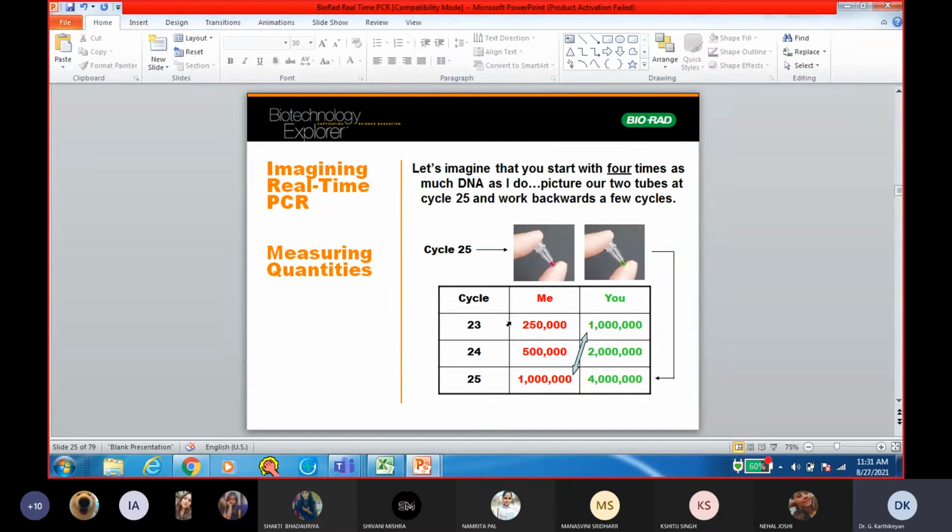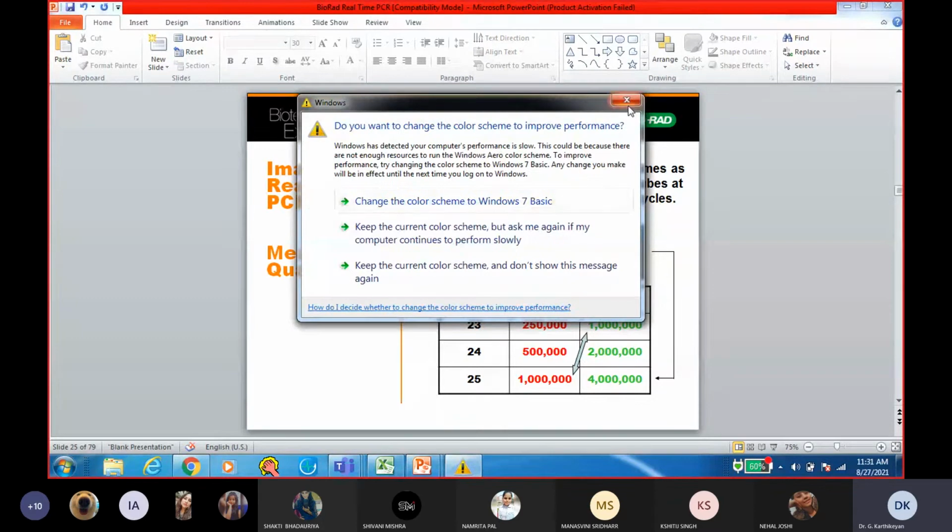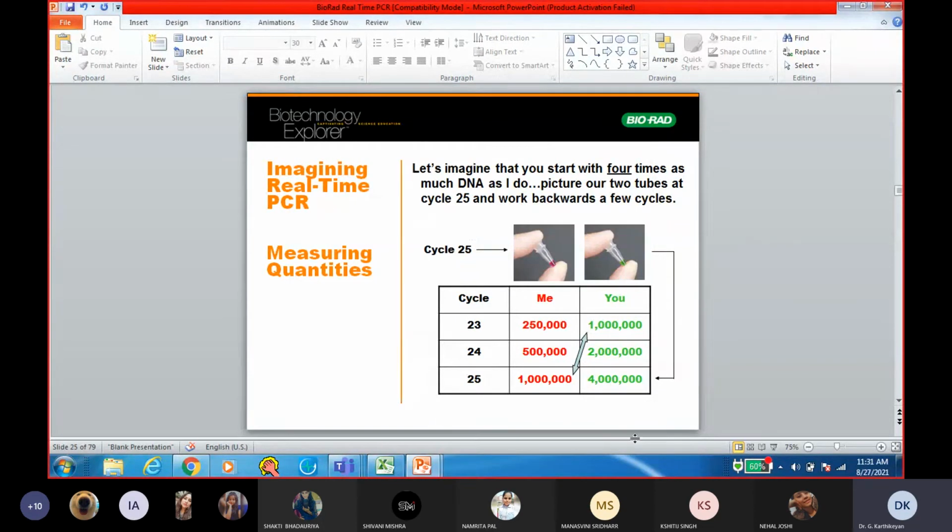This is just a theoretical example. By cycle 23, you may have about 1 million. By cycle 24, about 2 million. And by cycle 25, about 4 million. So these are the numbers, assuming you have used 4 times more template.